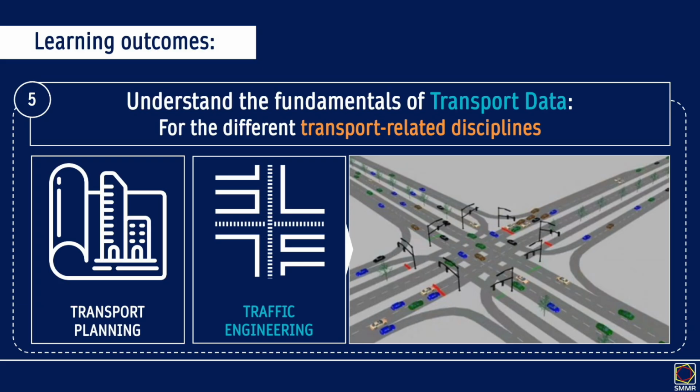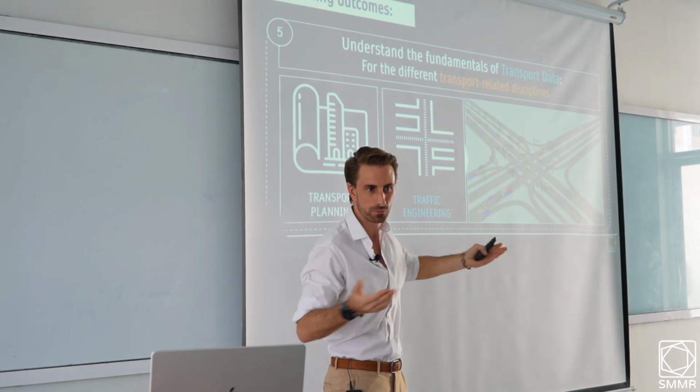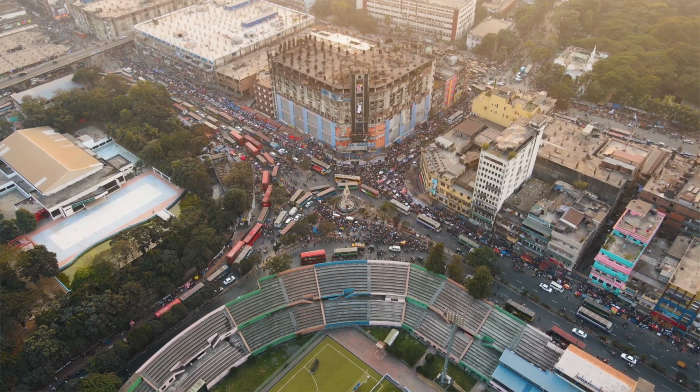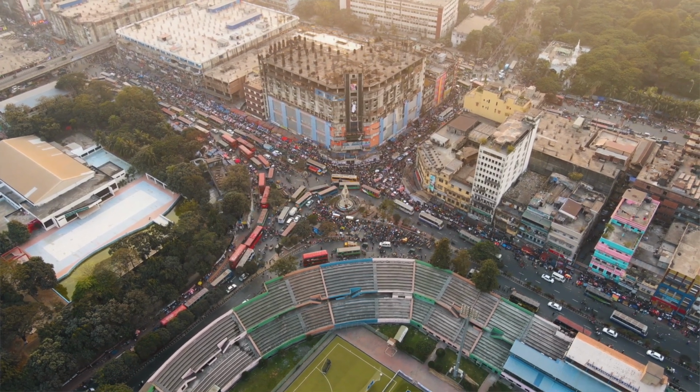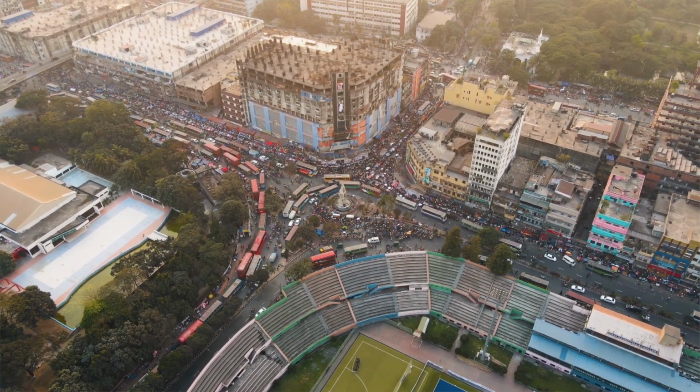Another discipline is engineering, and the engineer needs different data. He works at a different scale. If you work on an engineering project, it's much more detailed, and it's on a much shorter time horizon. Often, you will find an intersection with a problem, say Camco, for example. There's congestion buildup, there's accidents, and you go to the engineer and you say, hey, we need to solve this problem.